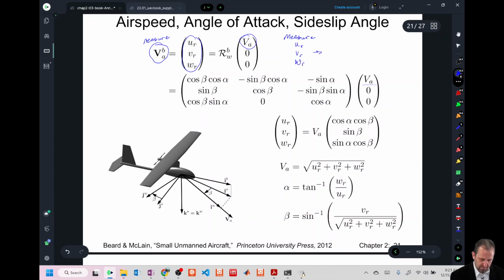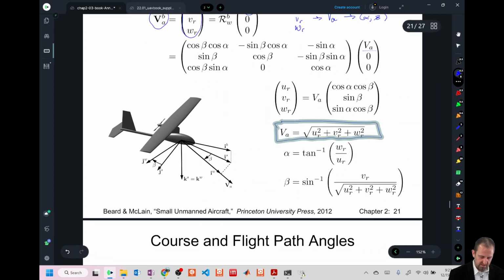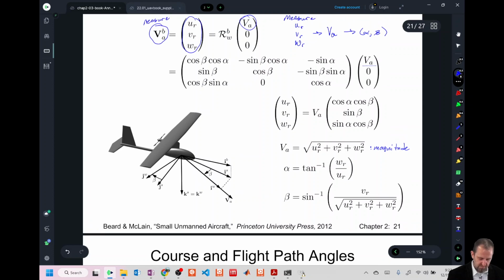Then we can really rapidly get V sub A, and from that we'll also get alpha and beta. V sub A is just the magnitude of that vector. So very simple, just the magnitude of the vector we've measured. So we get V sub A.